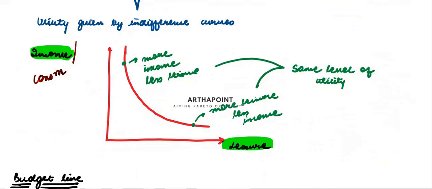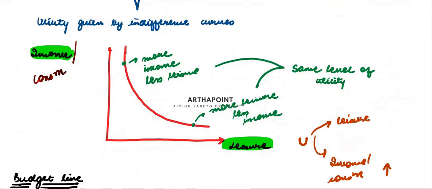So just think about this, okay? My utility is affected by leisure and it is affected by income or consumption. As you increase this, my utility increases. As you increase this, my utility increases.